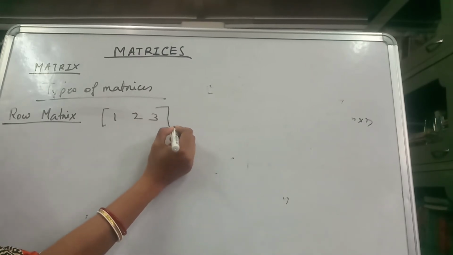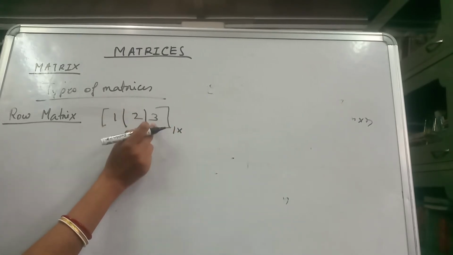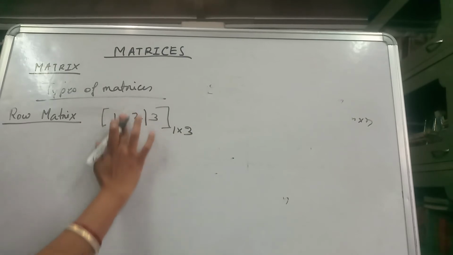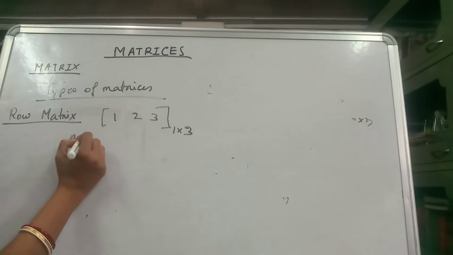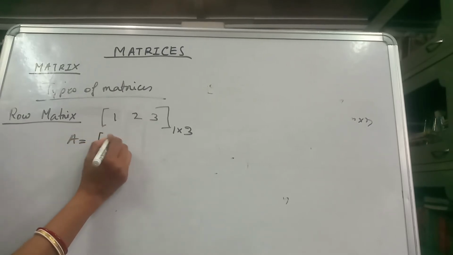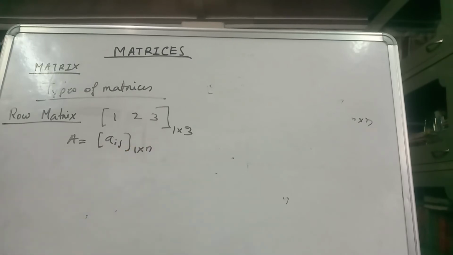Here the number of rows is 1 and the number of columns is 3. Therefore it is a row matrix. And symbolically we write this as aij, 1 by n, where n is the number of columns. This is our row matrix.